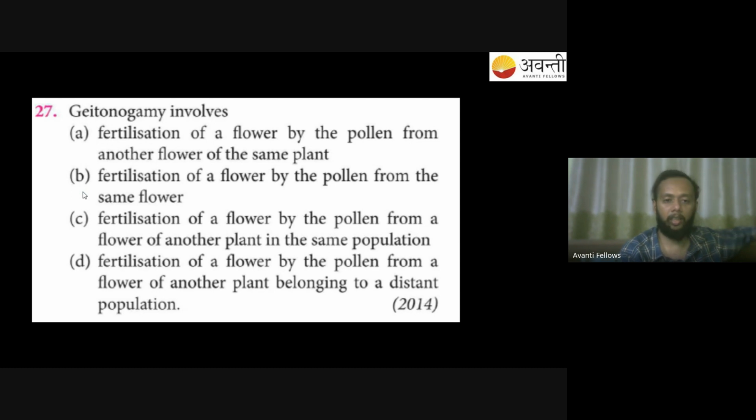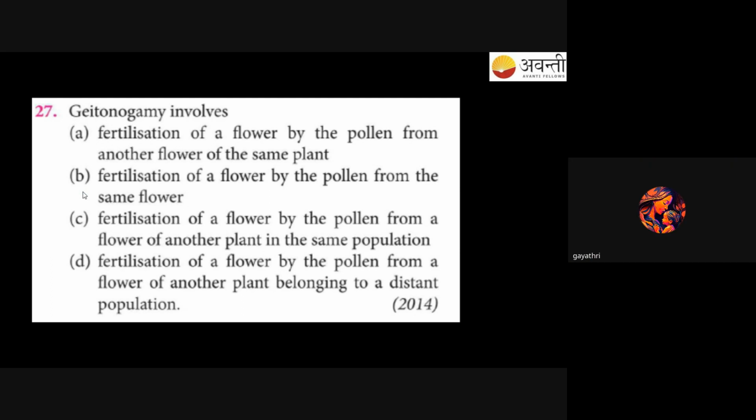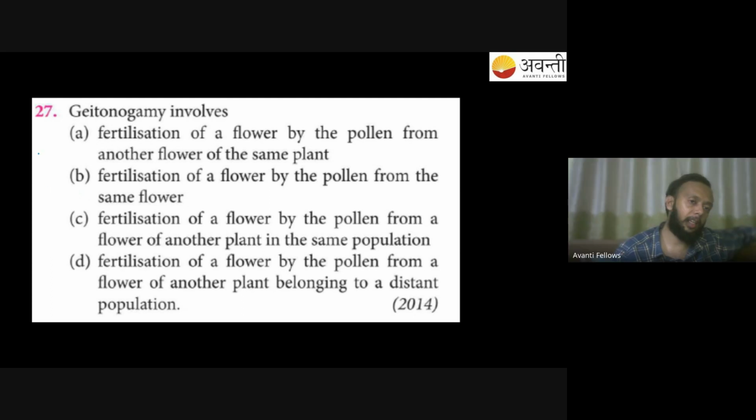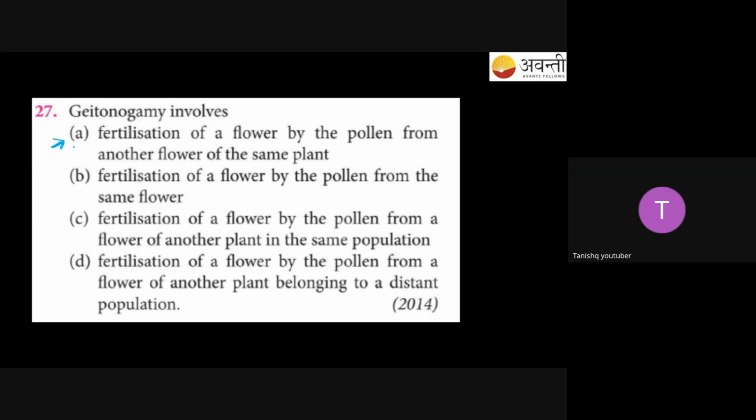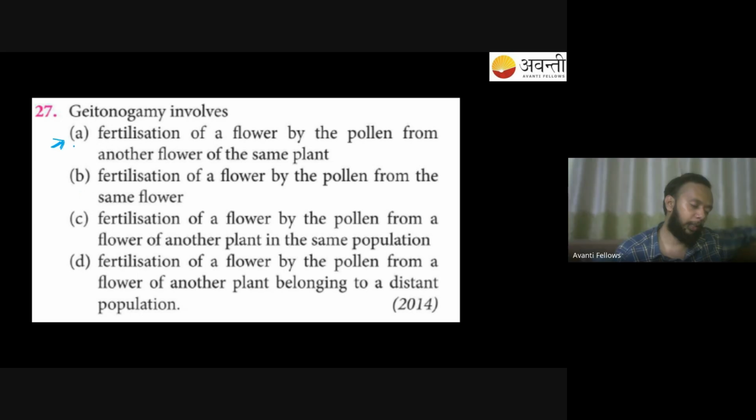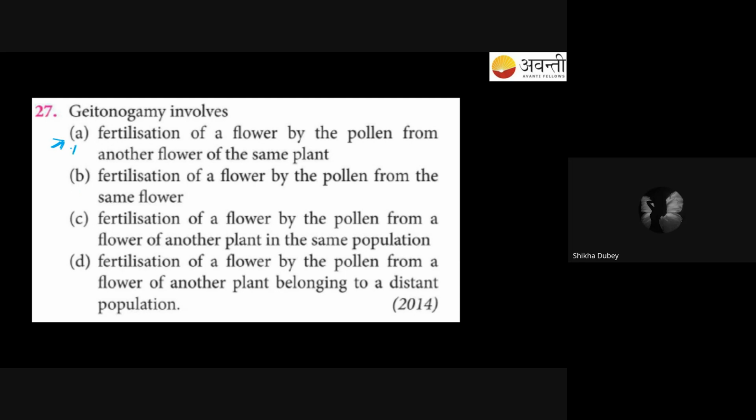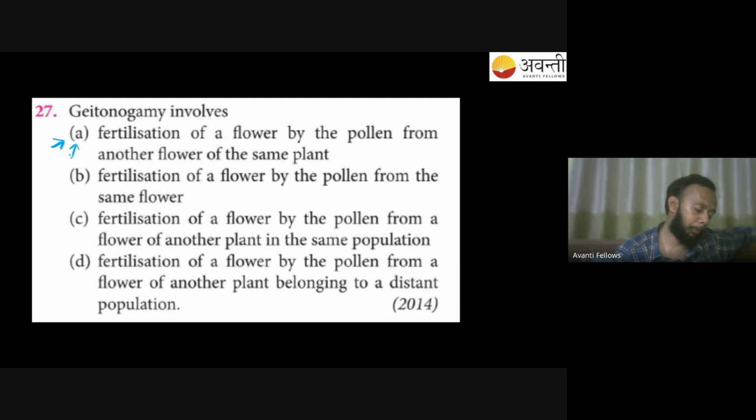Tell us, Gayatri, क्या होगा इसका आंसर? Sir, option A. Gayatri is saying option A. Tanish, क्या लग रहा है? सर ए. And Shikha? Sir, option A. And I'm also assuming that Misbah and Mantasha will also have option A as an answer. And the answer is going to be option A.